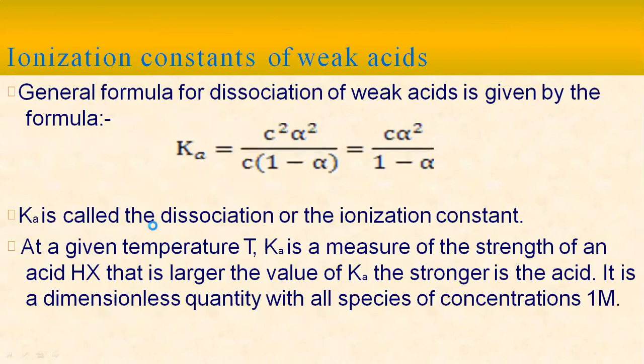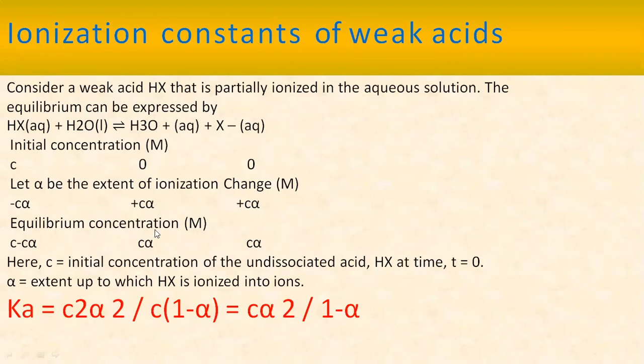Equilibrium concentration means the concentration of the ions at equilibrium: C minus C alpha for the acid, and C alpha and C alpha for the ions. Here C is the initial concentration of undissociated acid HX at time t equal to 0, and alpha is the extent up to which HX is ionized into ions.